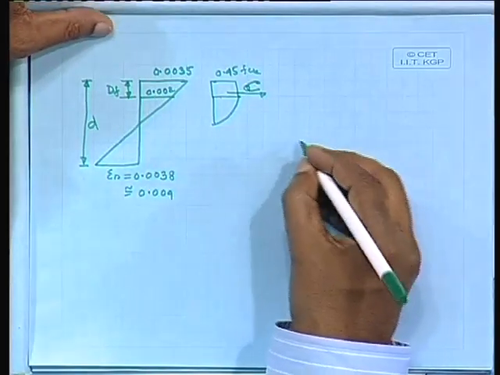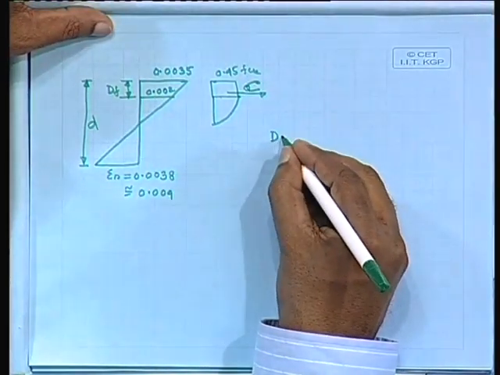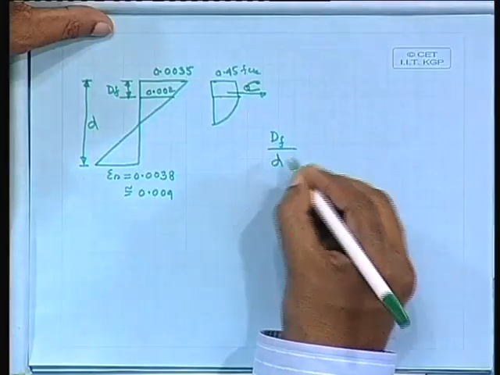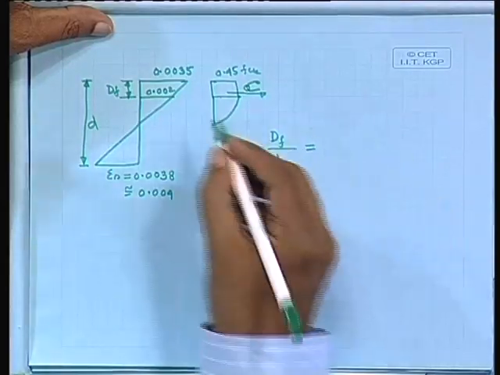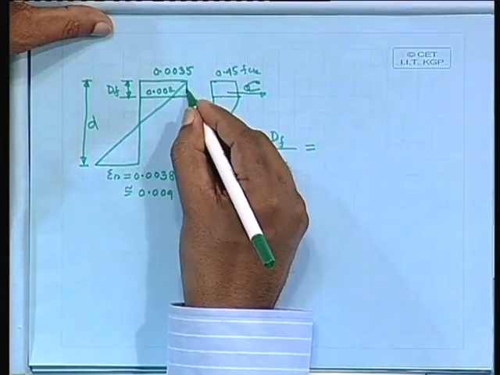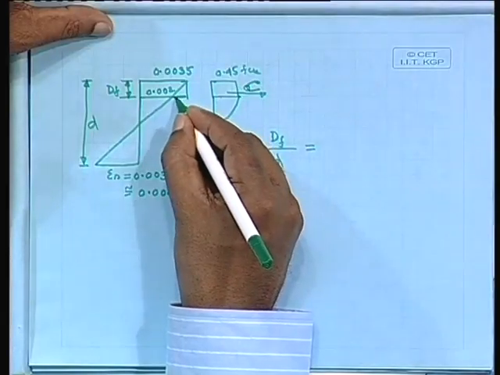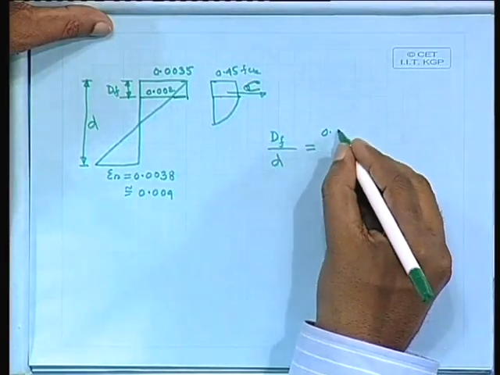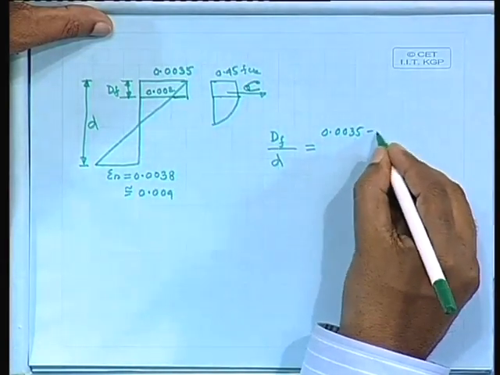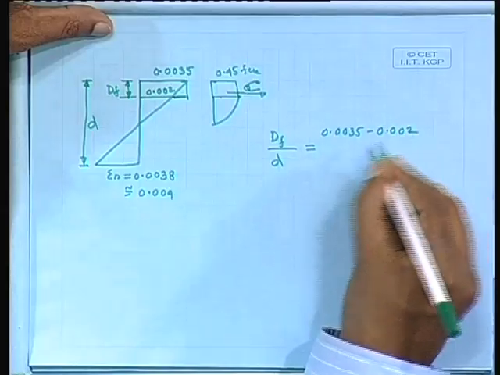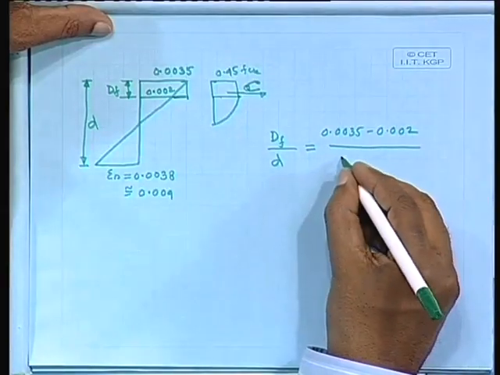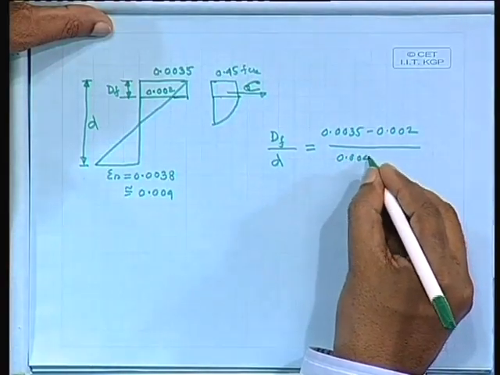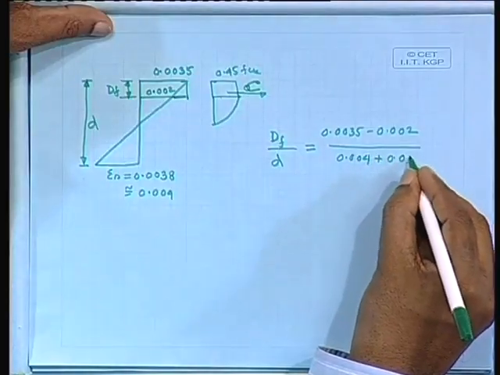We can write down here dF by d will be equal to how much, this one: 0.0035 minus 0.002 divided by 0.004 plus 0.0035.